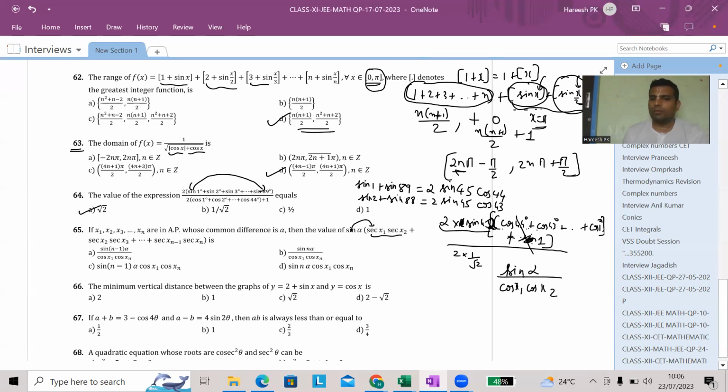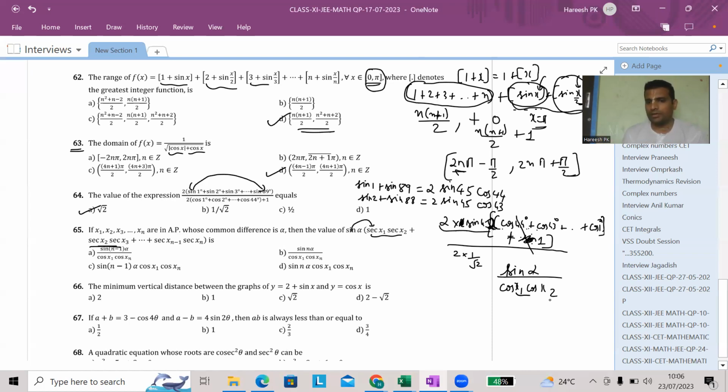Now alpha is the common difference. So how do I write common difference? I can write common difference as T2 minus T1 or T3 minus T2. But in the first term, I will write it as T2 minus T1 or X2 minus X1. But when I'm multiplying for the second term, that time I will write alpha as X3 minus X2. Okay, that's obvious, right?